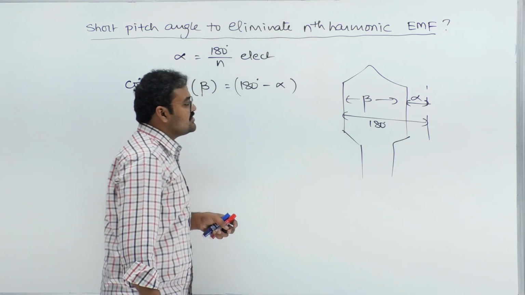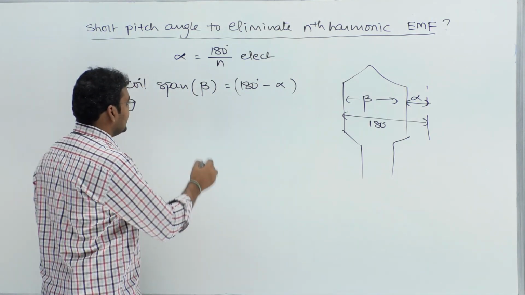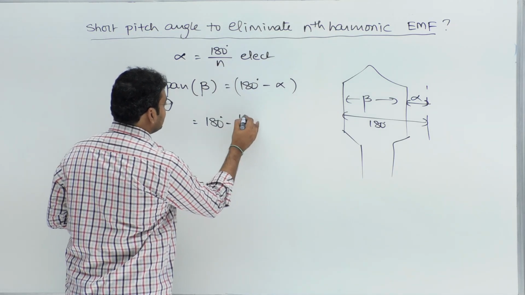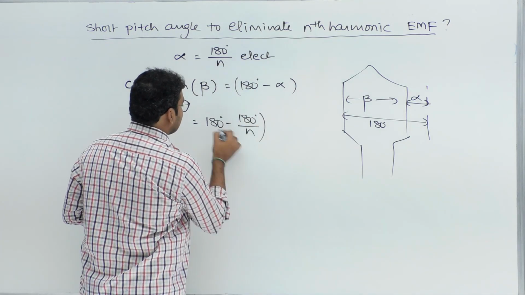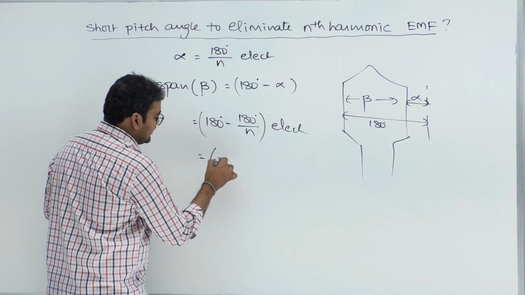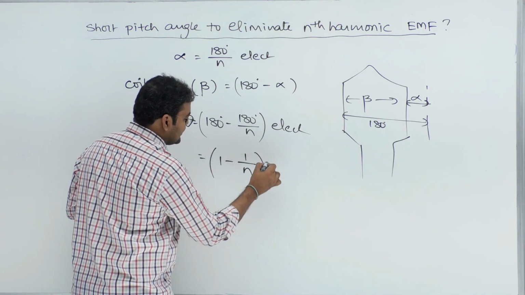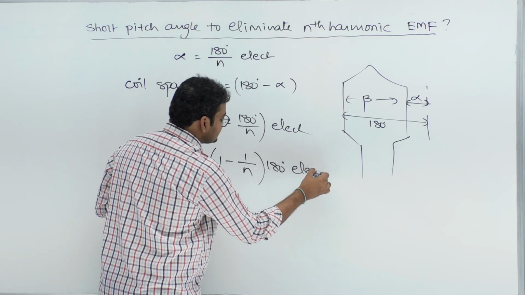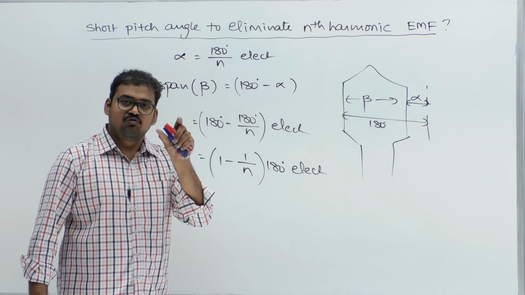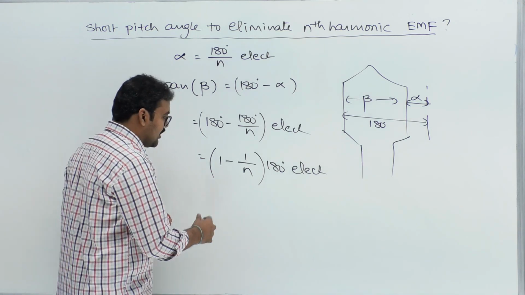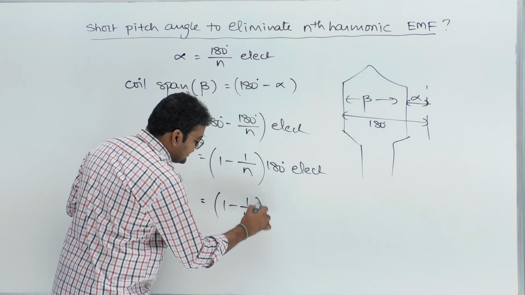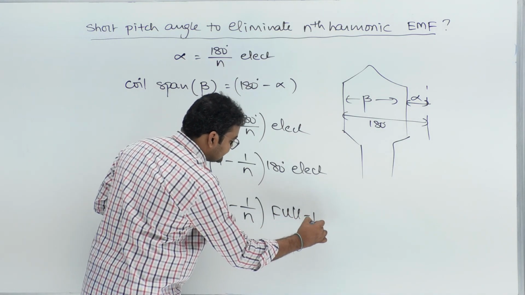Then beta is equal to 180 minus alpha. And what is the alpha value right now to eliminate nth harmonic? 180 degrees by n electrical degrees. If you take 180 common, it will become 1 minus 1 by n times 180 degrees electrical. Can I write 180 degrees electrical is nothing but full pitch, or pole pitch? Therefore, it is 1 minus 1 by n times full pitch.